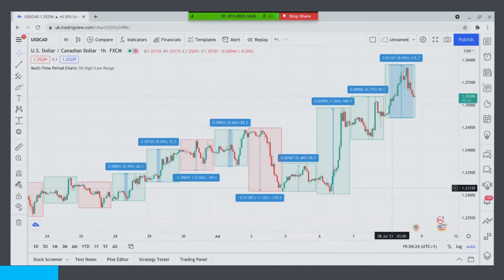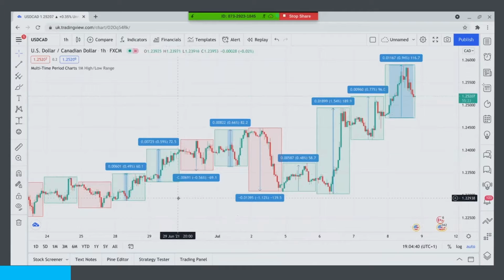Hey guys, in this module, we will talk about market pip limits. Now what that means is here I've highlighted each separate day and we can see the amount of pips that day had from high to low or from low to high.